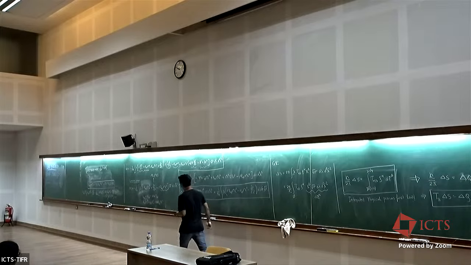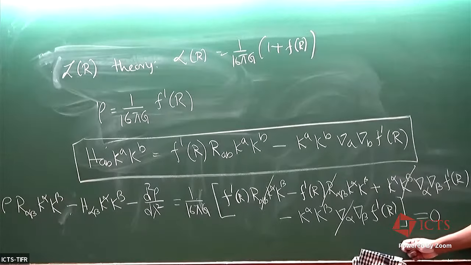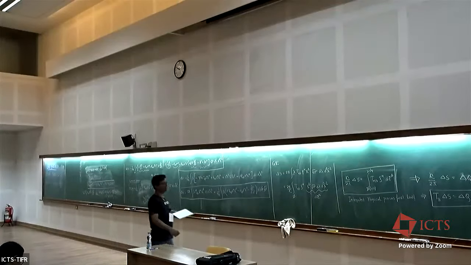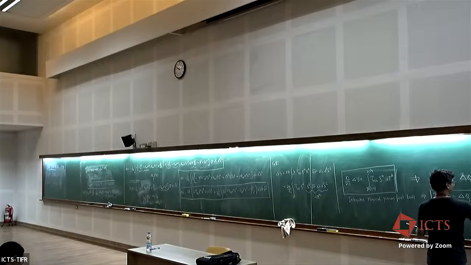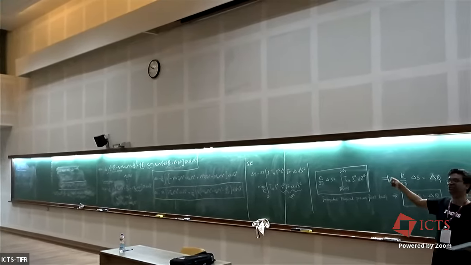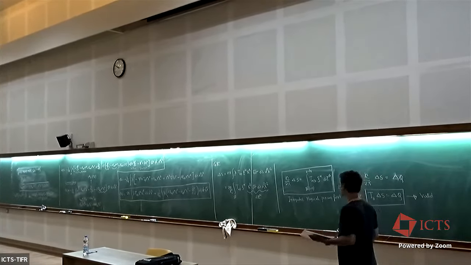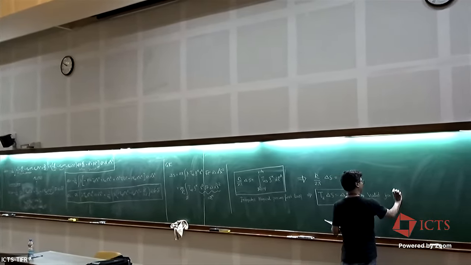This was first noticed, I think, by Jacobson, Kang, and Myers in their paper on black hole entropy. This is valid for F of R or L of R.